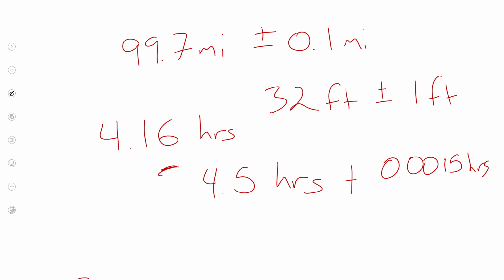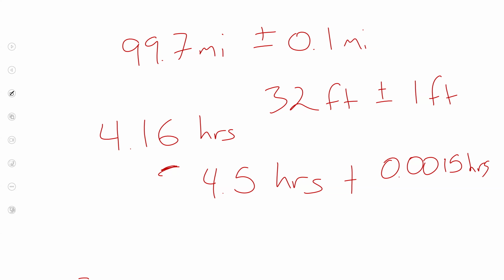So addition and subtraction is all about where's the uncertainty. Multiplication and division is all about where are the sig figs. The way that I always remembered is addition and subtraction is the rule that makes sense, and multiplication and division is the easier one, because counting sig figs is a lot easier sometimes than figuring out where the uncertainty is. It's really easy to just look at sig figs and say, oh, 2 sig figs, 4 sig figs, I'm keeping 2.